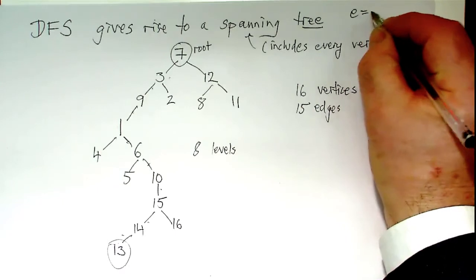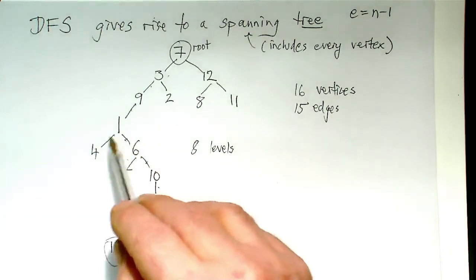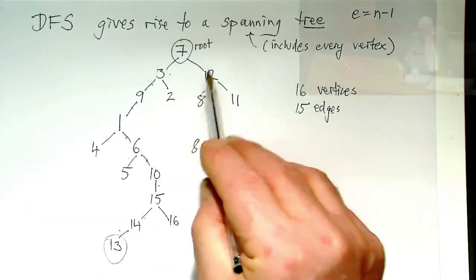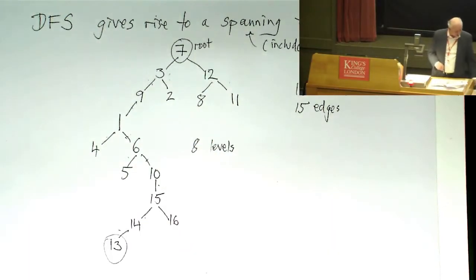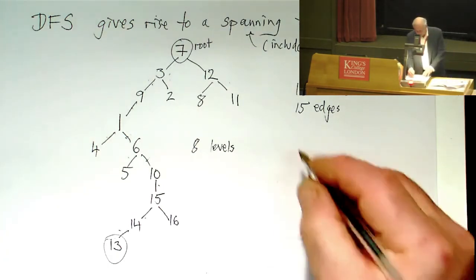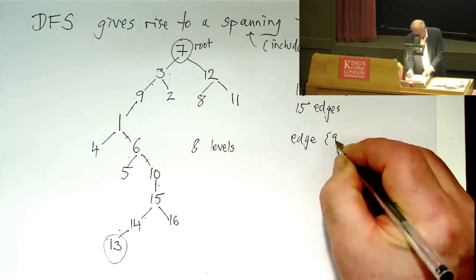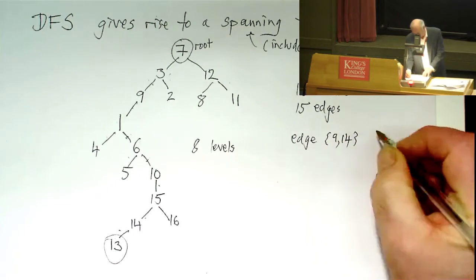Okay, E, number of edges is always n minus 1. 15 edges, I hope. 1, 2, 3, 4, 5, 6, 7, 8, 9, 10, 11, 12, 13, 14, 15. Whereas the original graph would have had 16 edges. In fact, you see there's no 9 to 14, so 9 to 14 is missing. I don't think anything else is missing. So edge 9 to 14 from the original graph is missing.